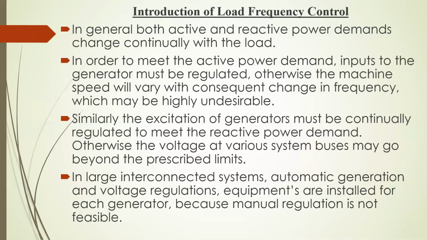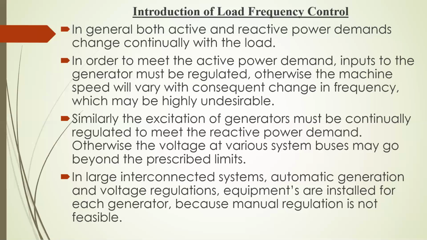If I want to control these two things, going with a manual control mechanism is most probably difficult, to maintain active power and reactive power at the appropriate or required values. That is the reason in any large interconnected system, automatic generation control and automatic voltage regulators are used.